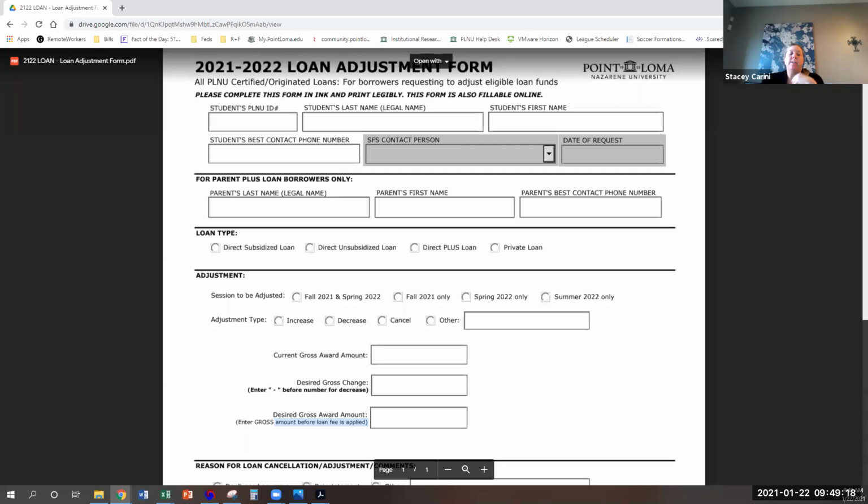Yeah, I agree. And if it's a reinstatement, I think in those cases the advisors are emailing me to reinstate loans or decline loans. Those are easy and self-explanatory. But when it has to do with something specific, I mean, we have PLUS loans, private loans, unsub, sub on this form.